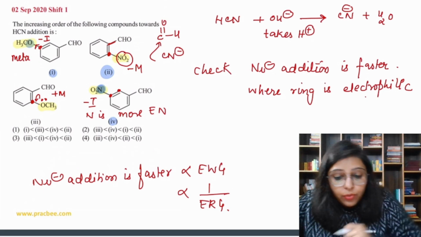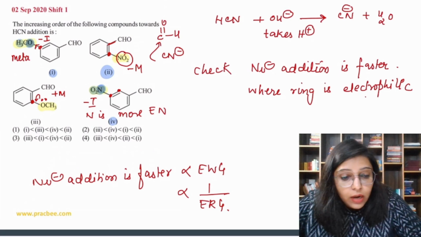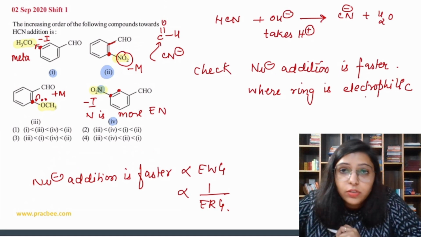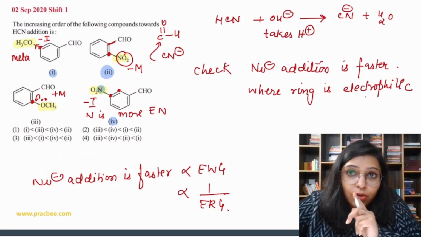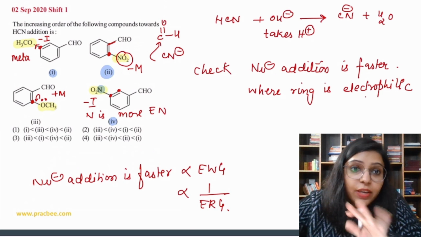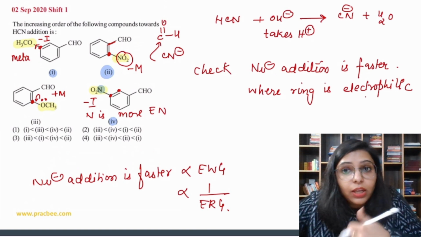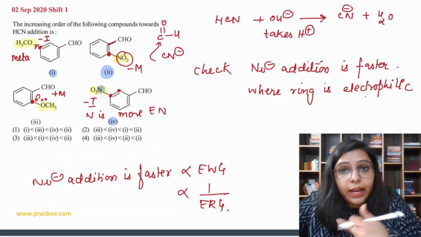Now, nitrogen is bonded to oxygen, while in the other oxygen is bonded to CH3. CH3 is that group which gives electrons. So oxygen cannot take more electrons from the phenyl ring.